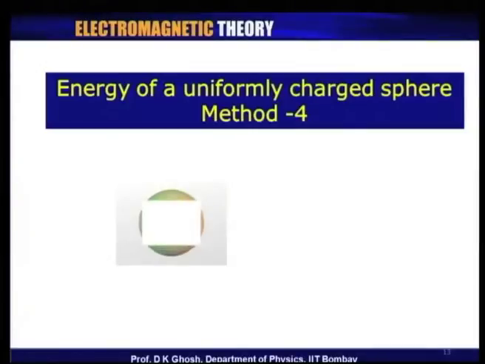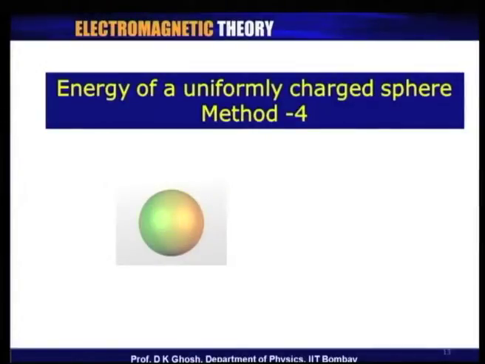That is, I bring an amount of charge dq from infinite distance and I spread this charge uniformly over a sphere that has already been created. Suppose at a given instant of time, I already have a sphere of radius, let us say small r.